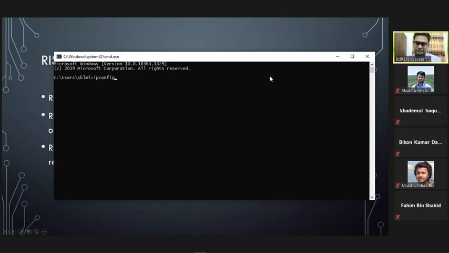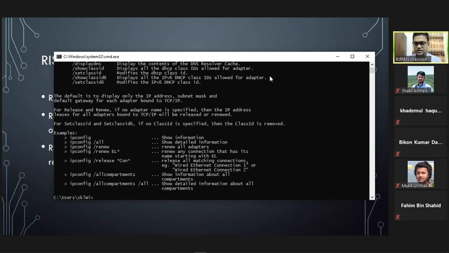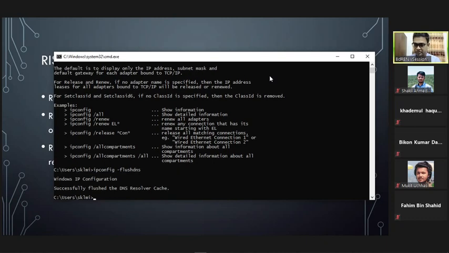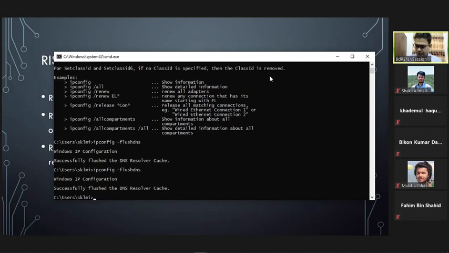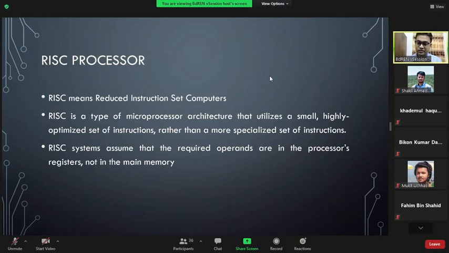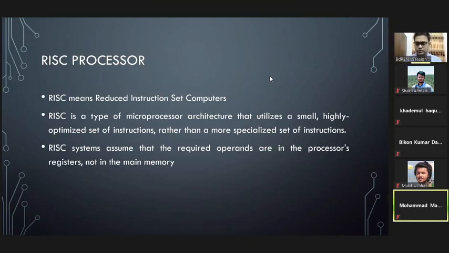If you think about the complexity of the code, which one is less complex? This one, right? Yes, sure, because this is reduced instruction set computers, RISC. If you think about the complexity and the length of the code, obviously this one should be less, because the name is reduced instruction set computers.